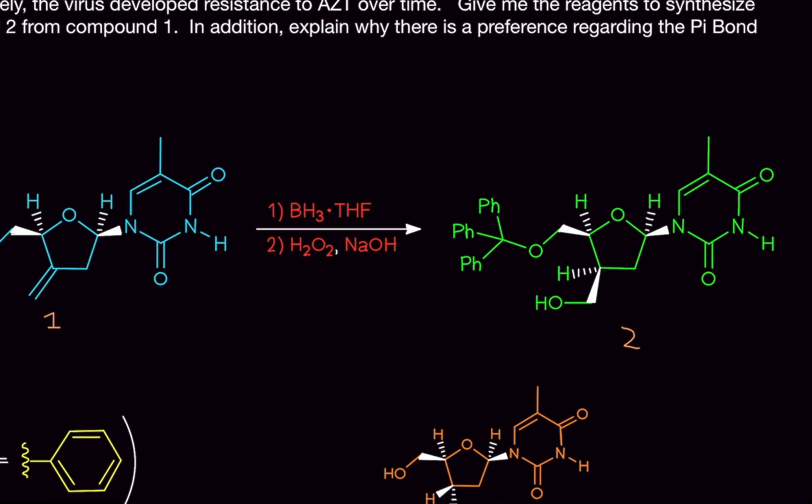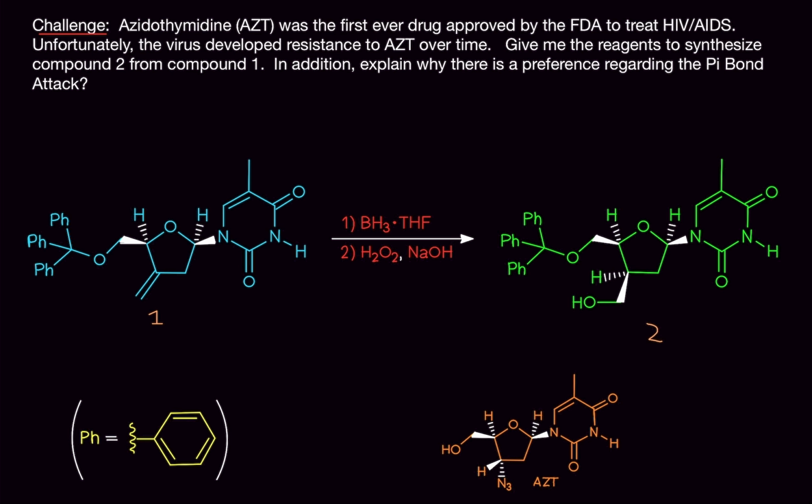The reason is because of steric hindrance. Take a look here. The phenyl group is very big, very bulky. You'll notice that this entire group here is on a wedge. This entire group here is on a wedge.